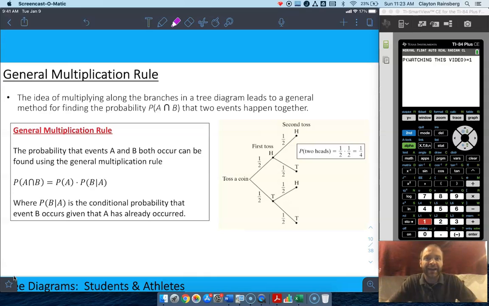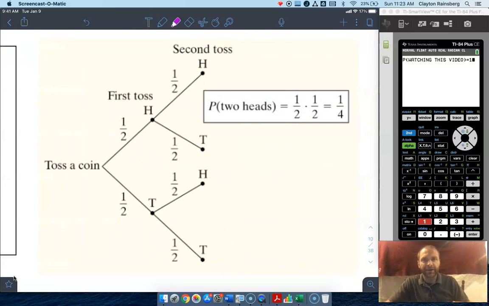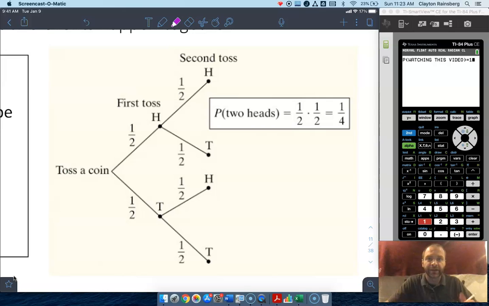The probability of A and B, A intersect B, is going to be equal to the probability of A times the probability of B given A. And that is the conditional probability. So the main idea is to look at this situation. Let's say I want to find the probability of 2 heads. That means if I tossed a coin, it had to show heads the first time.